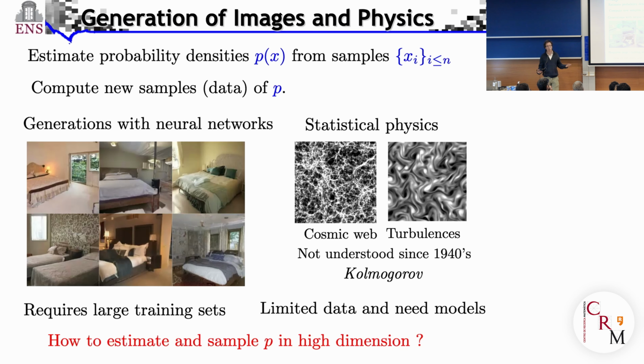And this is an absolutely beautiful problem that has been open since the first papers of Kolmogorov in the 1940s. It's still an open problem, to understand the structure and the statistics of turbulence. So the overall problem, of course, is how to estimate and sample this distribution in high dimension.